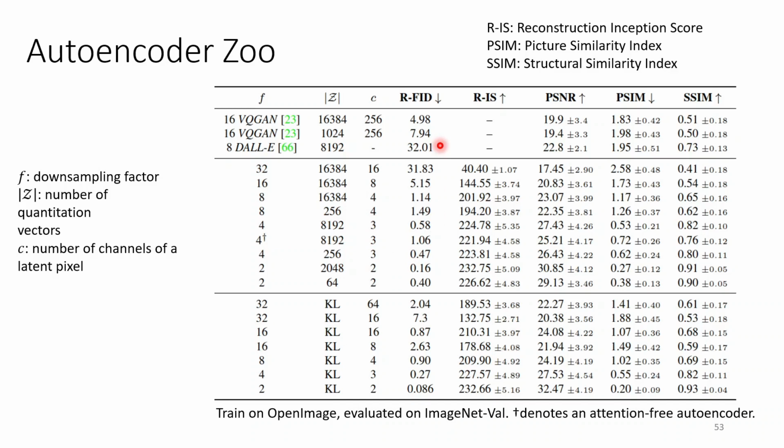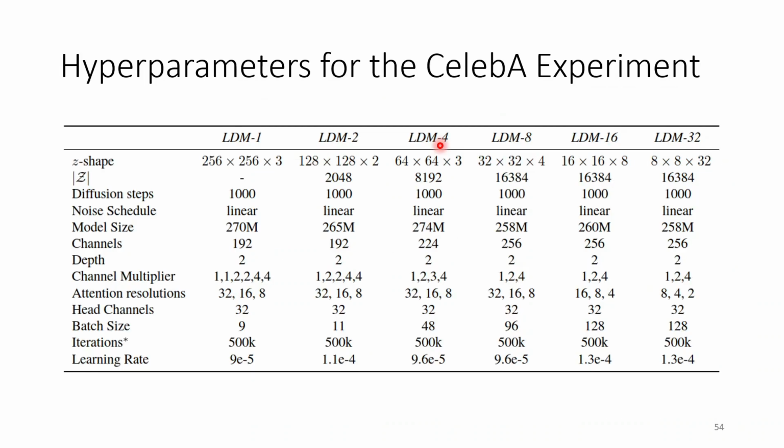Then when they do experiments on the CelebA-HQ dataset, this is the latent diffusion model with 1, 2, 4, 8, 16, 32 meaning the scaling factor. They found the scaling factor is a very important hyperparameter.